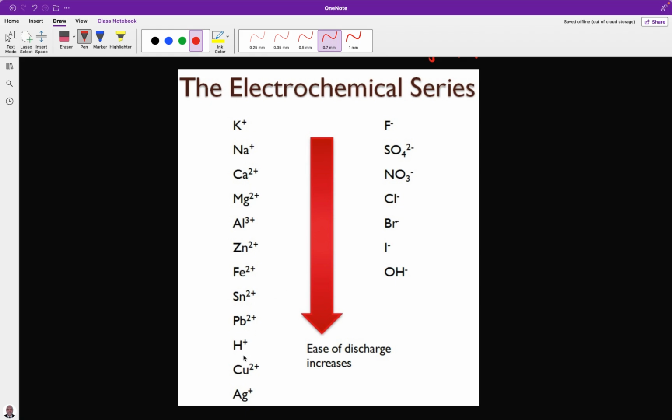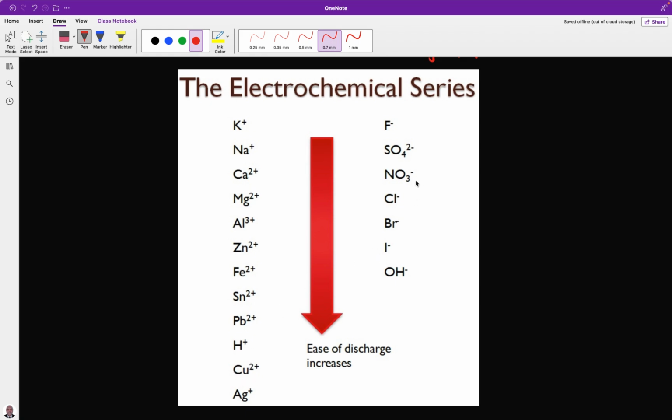For instance, if I have hydrogen ion and a copper ion at the cathode, the one likely to be discharged first is copper. The one below in the electrochemical series takes the priority.